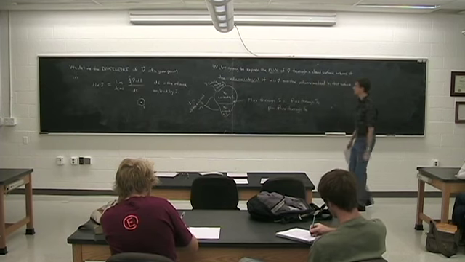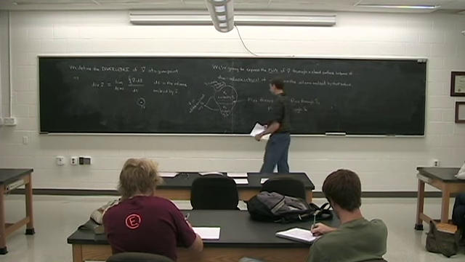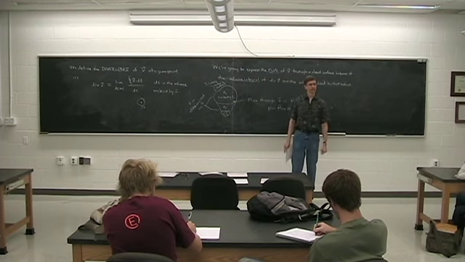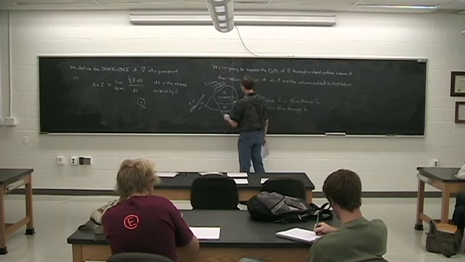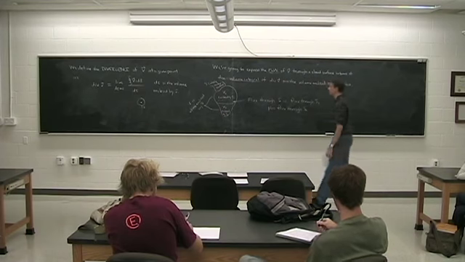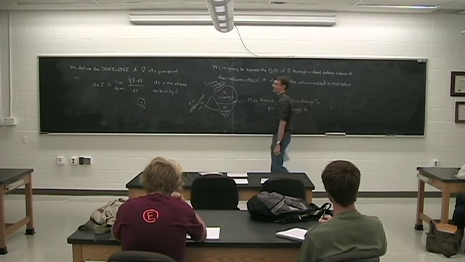If I add up the flux through S1 and the flux through S2, that is the total flux through S. And that's because the fluxes through this common portion of surface that S1 and S2 have in common are equal and opposite to one another.